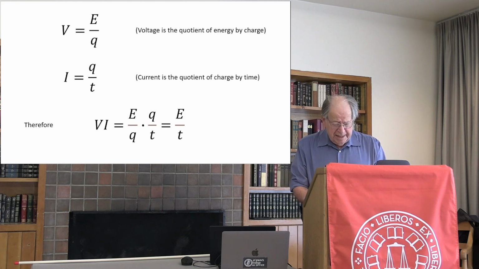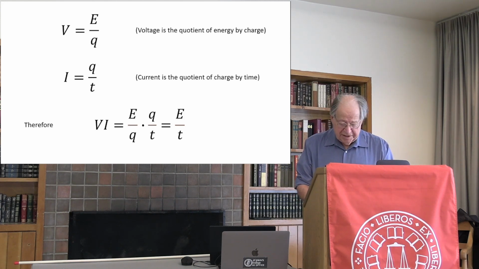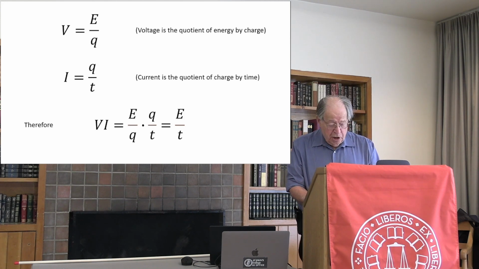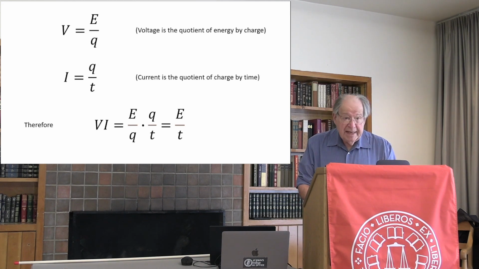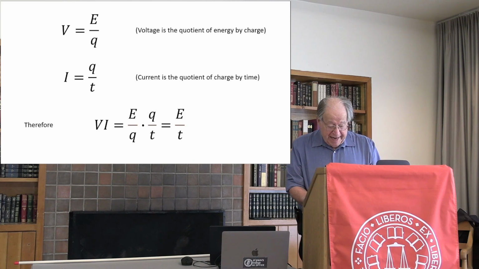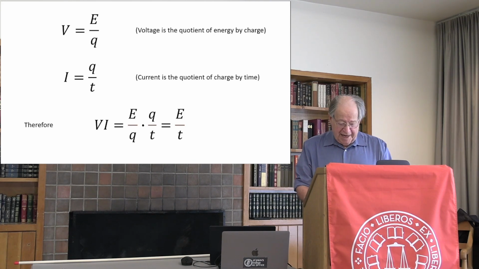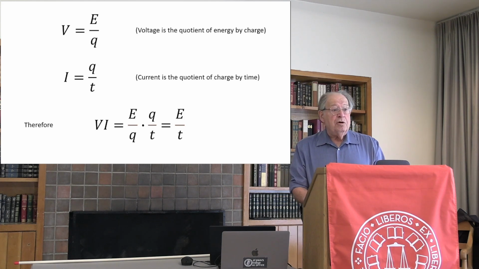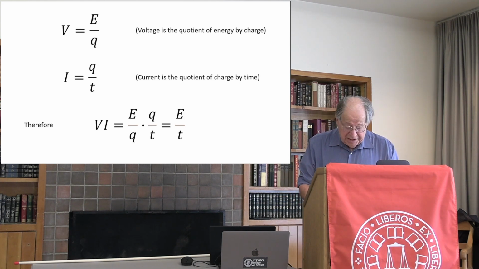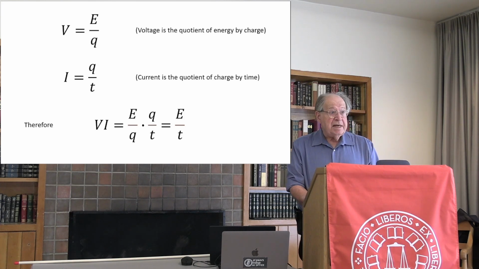But current is the rate of electricity transfer per unit time, or I equals Q over T. Then the product of voltage and current will be V times I equals E over T. Thus, E is the electrical energy expended to maintain current I for time T.